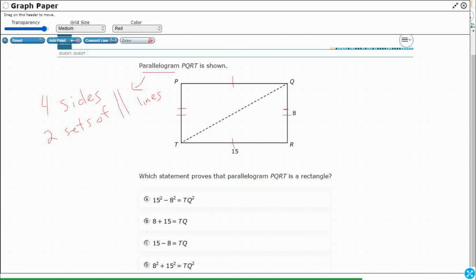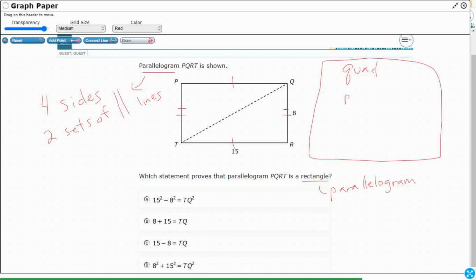Now, what is it that makes a rectangle a rectangle? Well, first off, all rectangles are parallelograms. If we're looking at our subsets, we've got quadrilaterals, and then inside the quadrilaterals we've got the parallelogram, because a quadrilateral is just a four-sided shape.